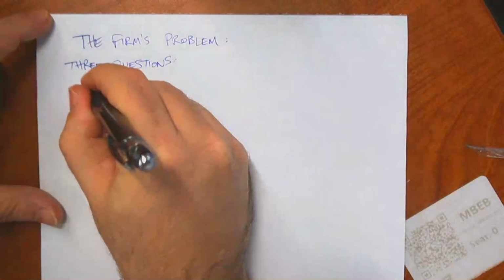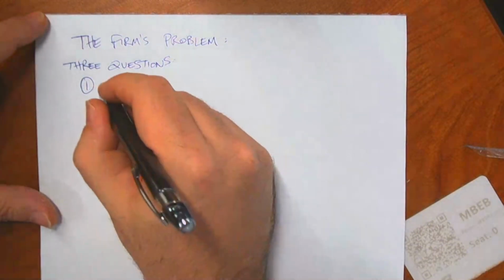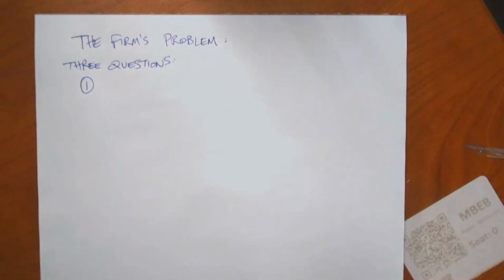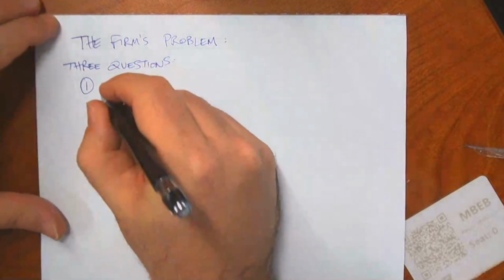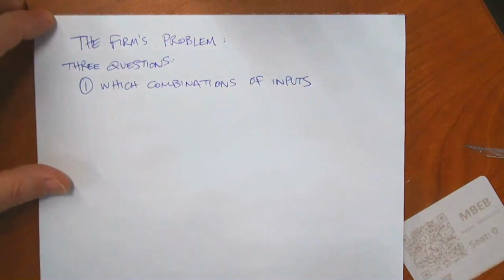So the first question is which combinations of inputs the firm is going to be hiring, a variety of inputs to produce output, right? So the first question is which combinations of inputs are going to produce a given level of output?